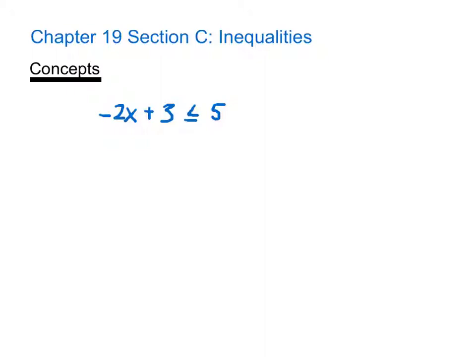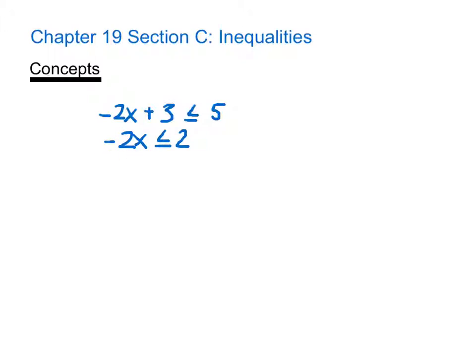So if I want to solve this inequality for x, I can subtract 3 from both sides of the equation and everything looks okay. However, if I want to get x alone, I need to divide both sides of the equation by -2.